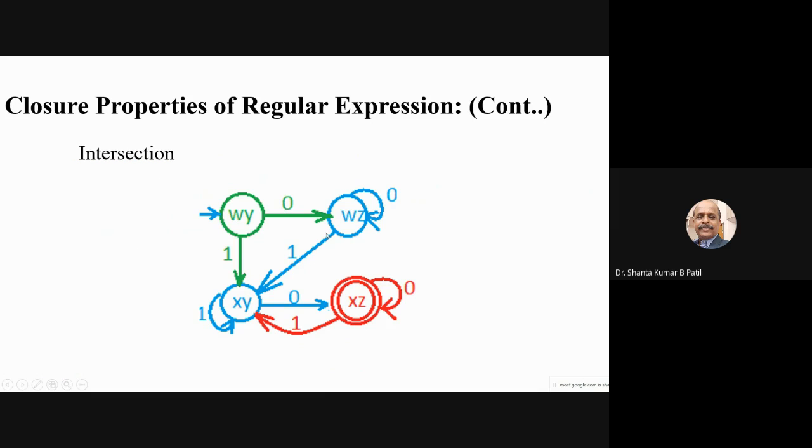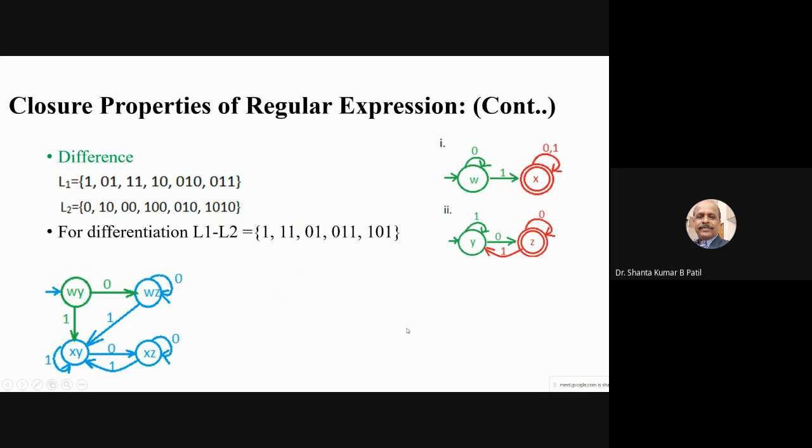Finally, after performing the intersection operation, the combined machine looks like this. Only xz has common features. X and z are final states in the two given DFAs. Hence, only the common feature in the two machines is xz, so I am making xz a final state.